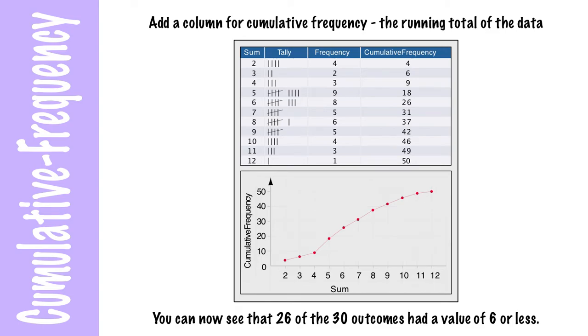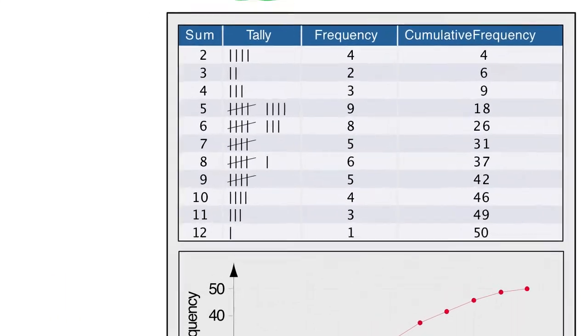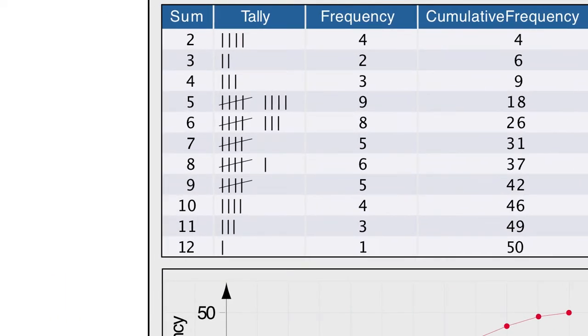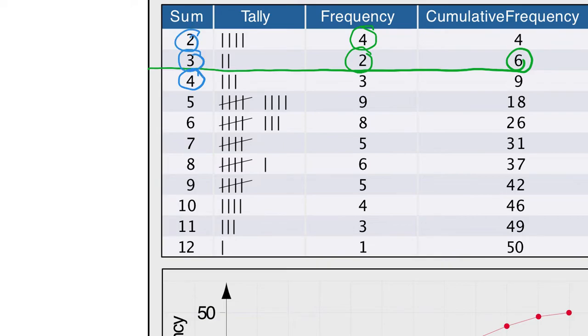So when we're looking at cumulative frequency, what we're saying is 2 occurs 4 times, 3 occurs twice. So cumulatively, now 3 and 2 occur 6 times. The same can be said now if you're adding 4. 2, 3, and 4, when you total those all up, add up to 9.